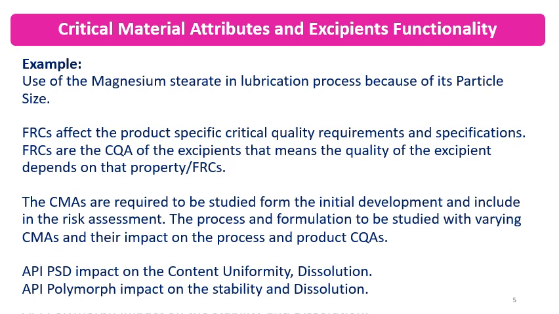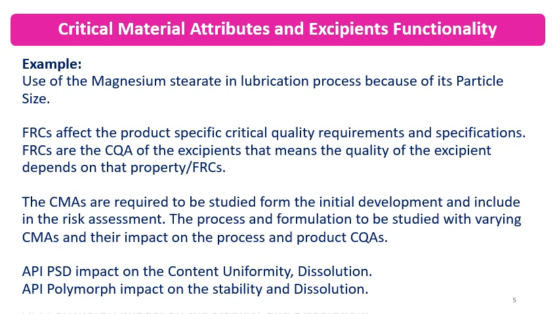Another example is the use of magnesium stearate in the lubrication process because of its particle size. Magnesium stearate is a slippery type of material. It is used as a lubricant in the lubrication stage to improve flow and tableting, so that sticking and picking of the formulation blend to the machine punches and tooling is avoided, and its function depends on its particle size.